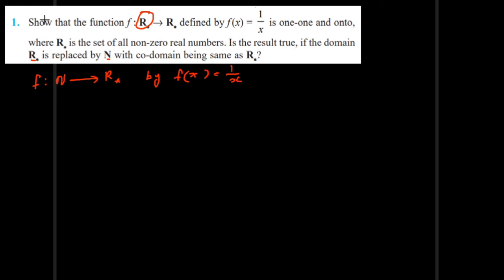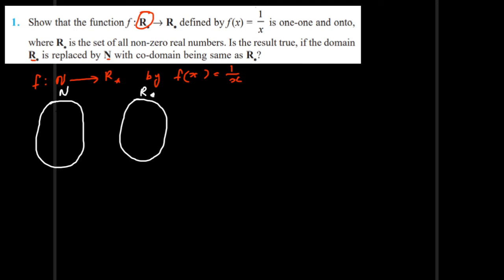Suppose using the diagram, first you check this diagram. Two sets: the domain is N, the codomain is R star.